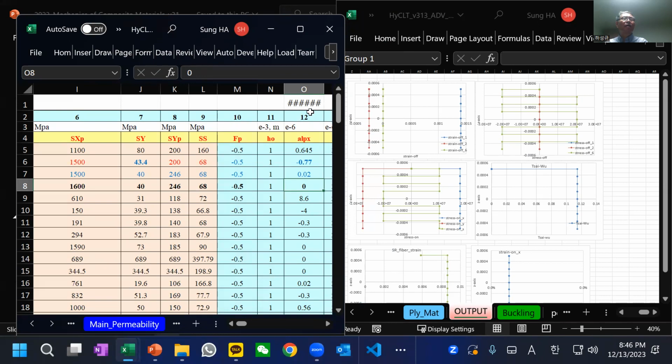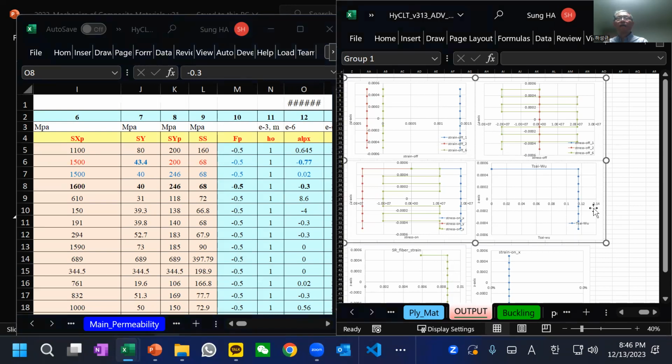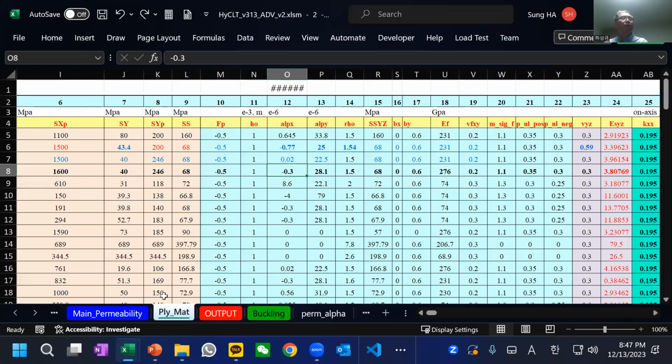Okay, so this strain and the stresses, and even look at this failure index, it is almost 0.3. 0.3 is very high, right? So if we have a biaxial plus minus 60 and temperature increased to 100, then a lot of stress will be caused inside.